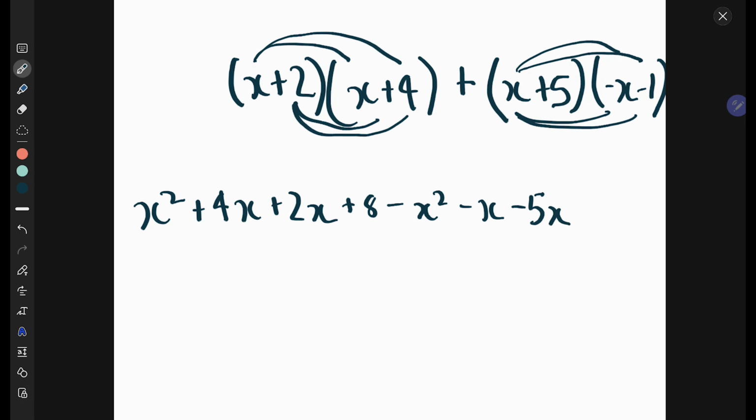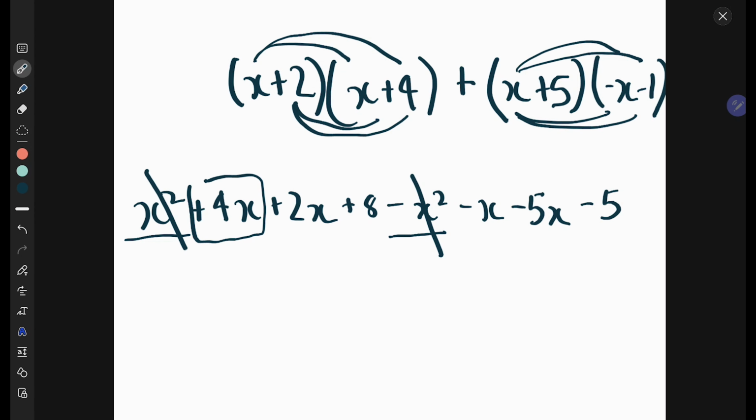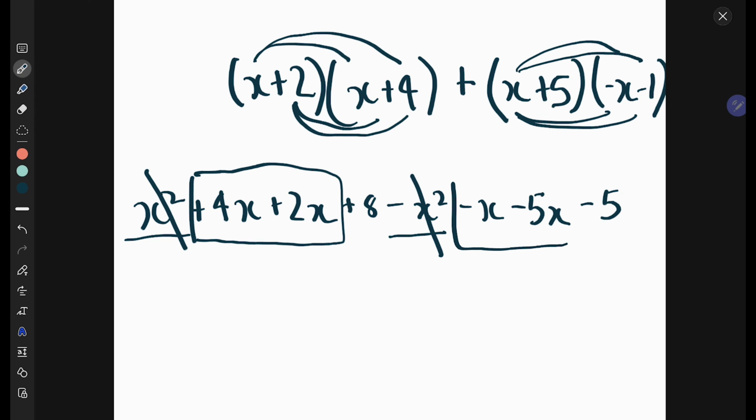Now let's simplify. So this and this go together, and as you can see, they clearly cancel each other out. And then you have plus 4x and plus 2x minus x minus 5x that go together, and plus 8 and minus 5.